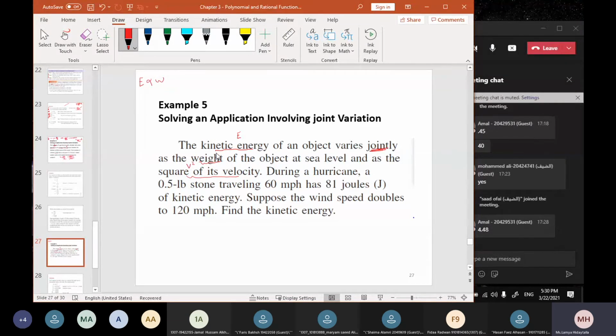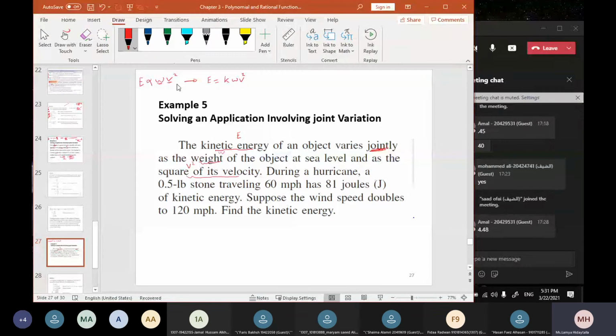So here V square, and the weight is W. So W and V square, because he did not say inversely on the velocity. And it is directly proportional to them. So if I want to write the equation, that is E equals K times W times V square. So what other information has been given?